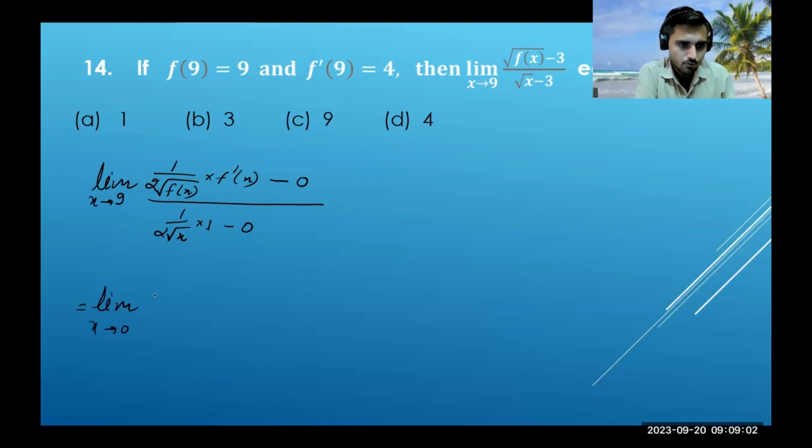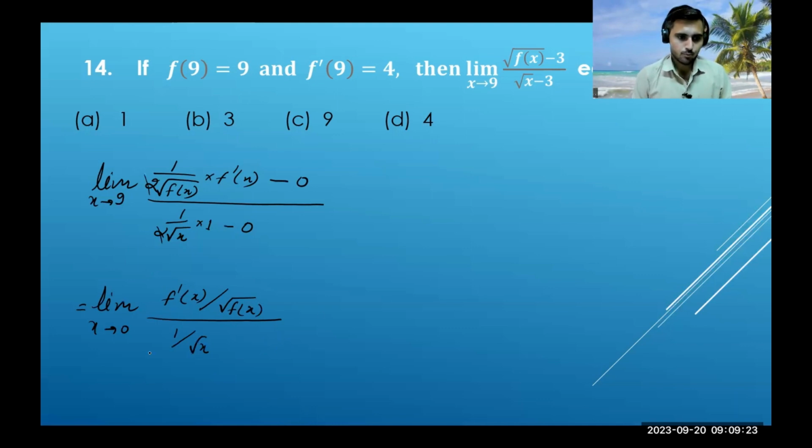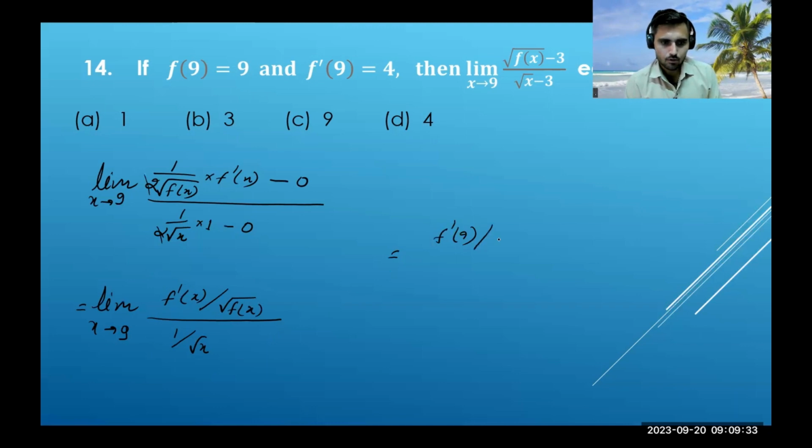I think this 2 and 2 cancel out, so we have f dash x upon square root of f x, and here we have 1 upon square root of x, right? Now put the value here once again. So f dash of 9 upon f of 9, right?